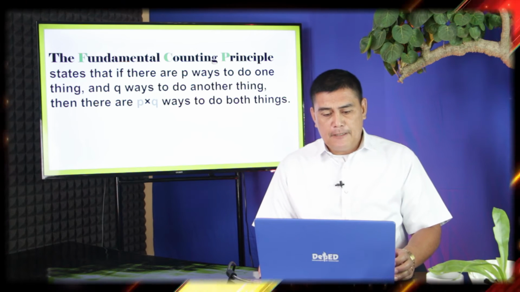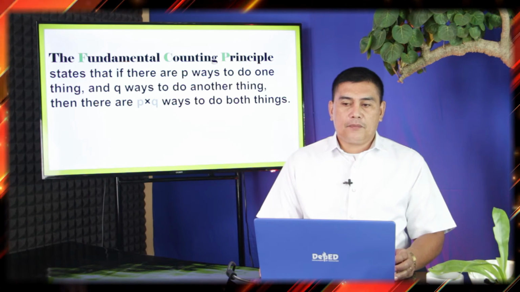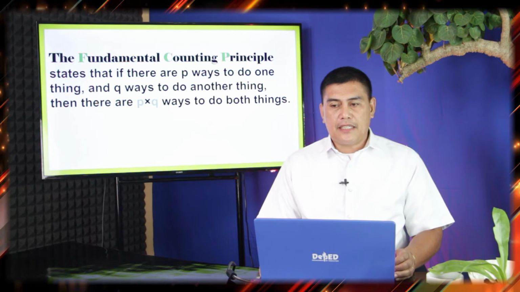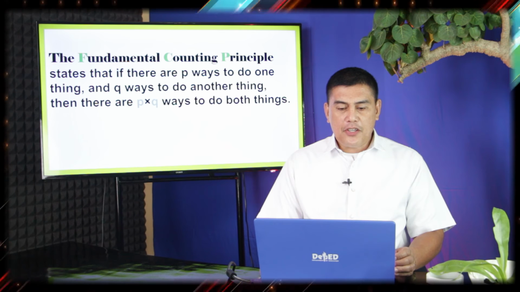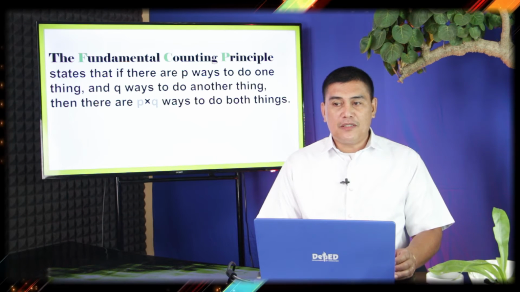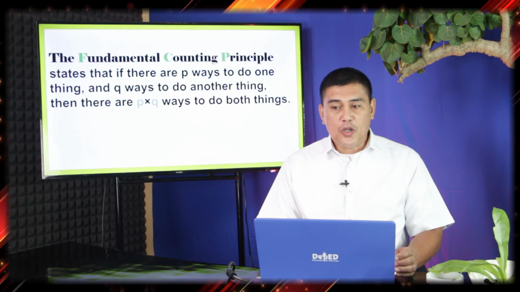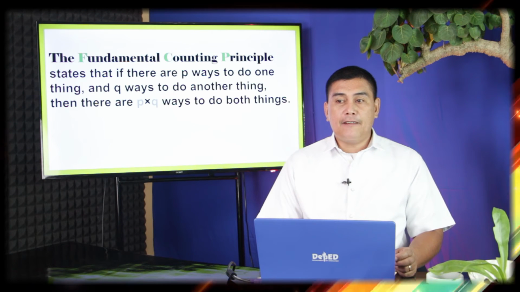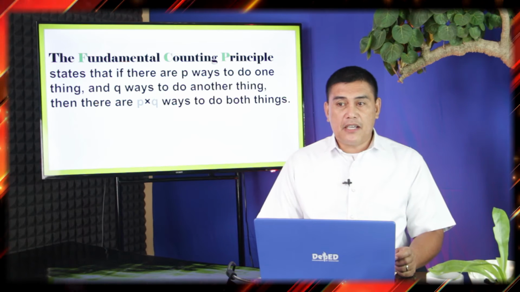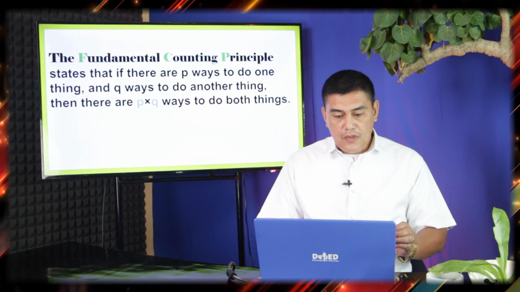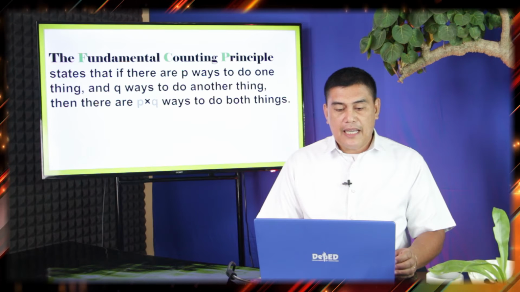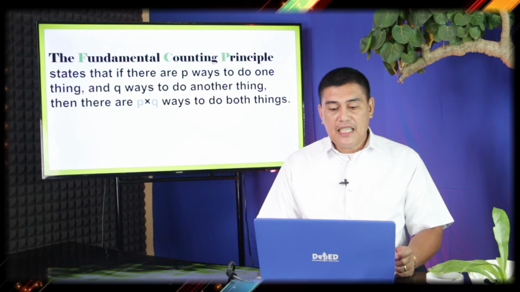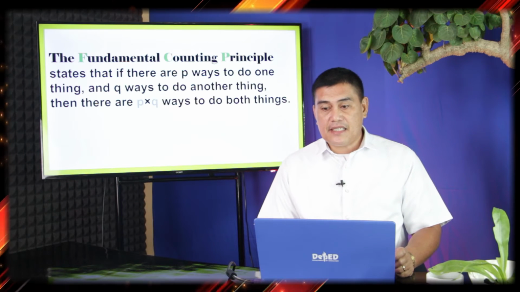Sa example natin, una, sa situation number 1, yung blouse-skirt pairs, ang P ways natin doon is the options kung ilang pagpipilian ni Anne sa kanyang blouses. So, our P there is 2. And our Q there is 3. So 2 times 3 is equal to 6.